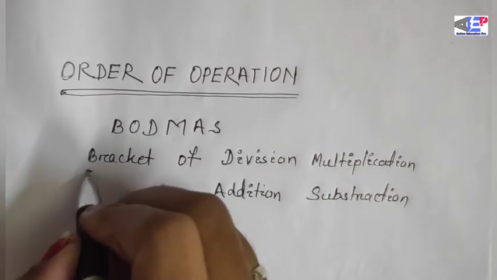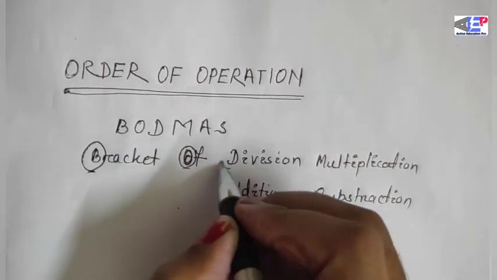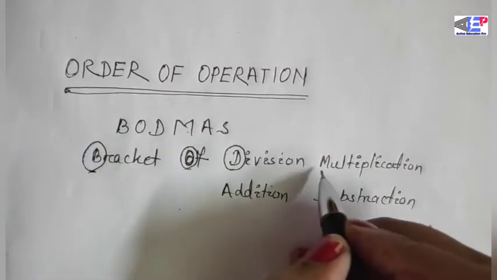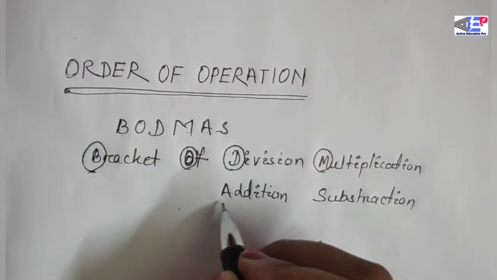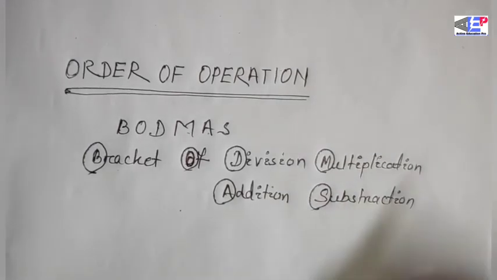Again I repeat it. B stands for bracket, O stands for of, D stands for division, M stands for multiplication, A stands for addition, and S stands for subtraction.